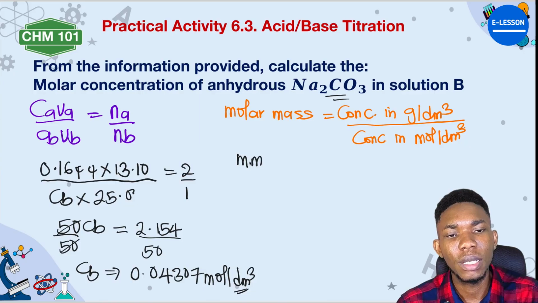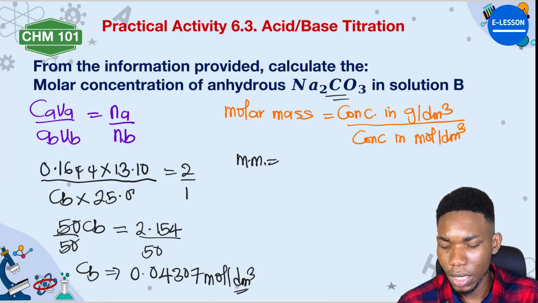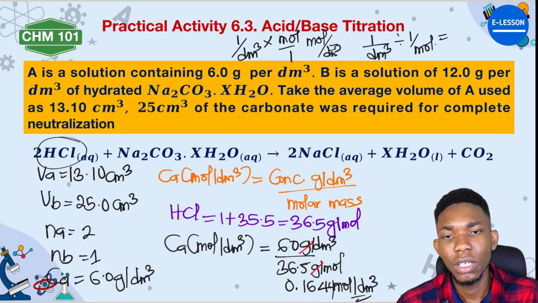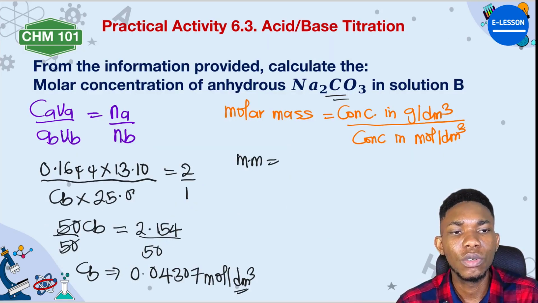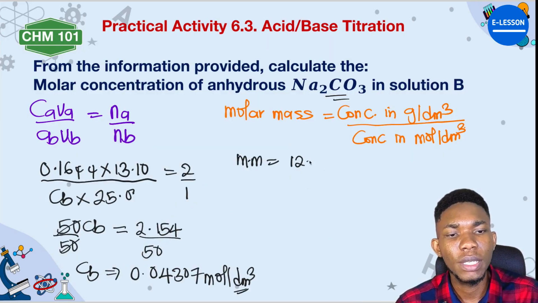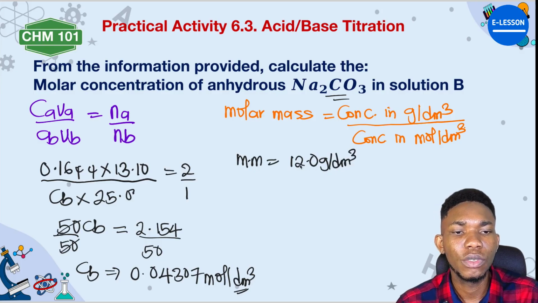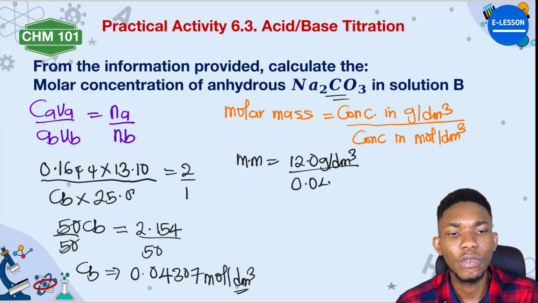Molar mass, my dear student. What is concentration in gram per dm cube? It was given that B is a solution containing 12.0 gram per dm cube. So B is 12.0 gram per dm cube. Concentration in mole per dm cube is what you calculated, which is 0.04307.